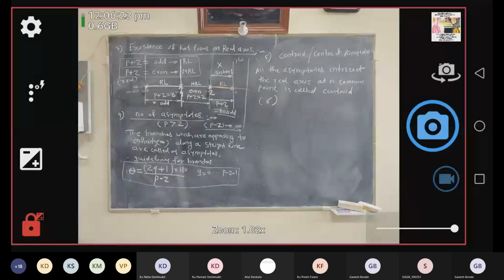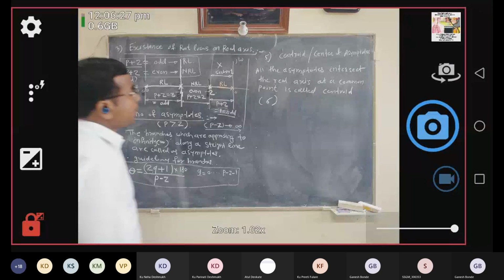That is the definition of the centroid, and now how it can be determined.